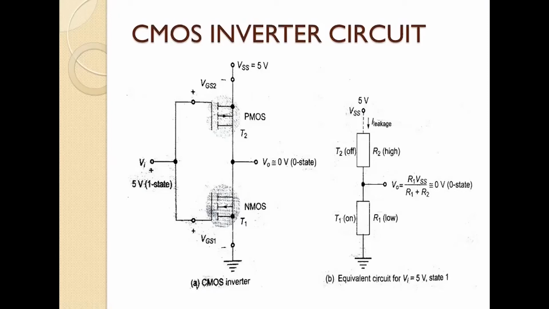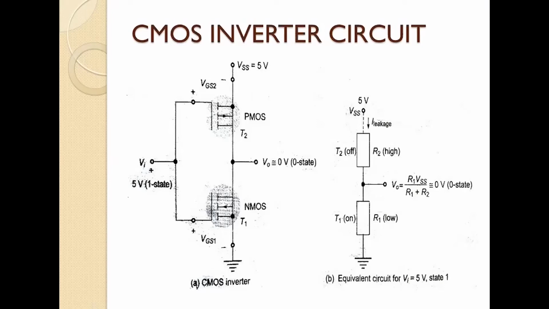Case 1 is Vi equal to 5 volt and case 2 is Vi equal to 0 volt. Clear? So what will happen when Vi is equal to 5 volt and what will happen when Vi is equal to 0 volt? We have to find.